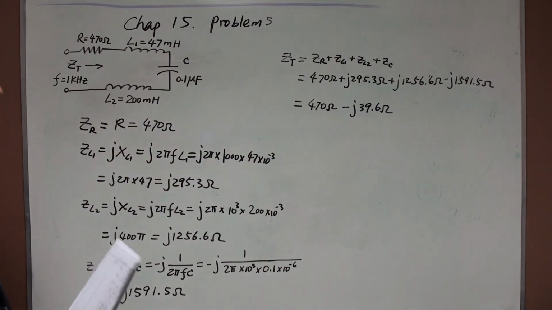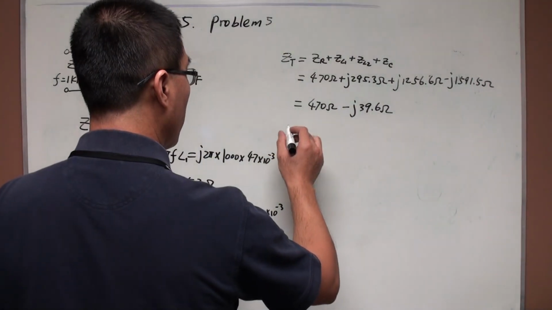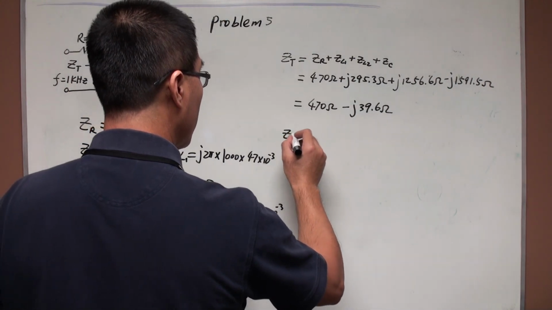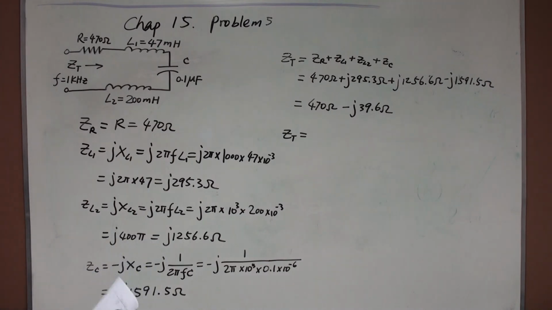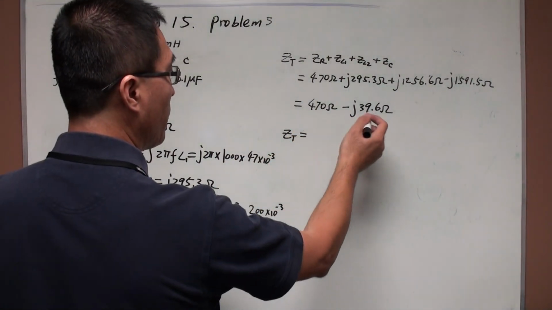Okay? And then ZT in polar form. Remember how we can convert between rectangular form and polar form? We have this x and y.